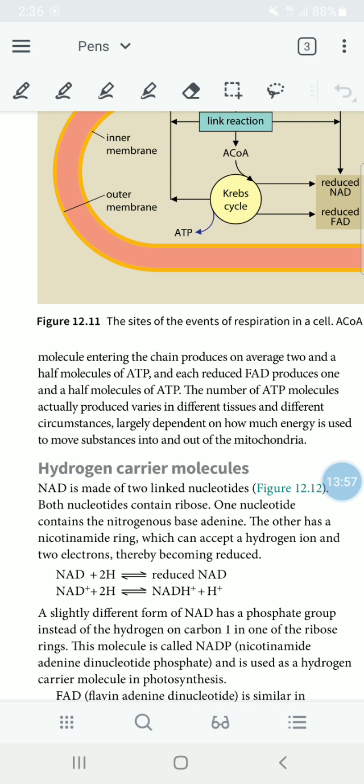Therefore, on average, only 2.5 molecules of ATP would be produced by NAD, and FAD would produce only 1.5 molecules of ATP. I hope you understood. If you have any questions, please raise them.